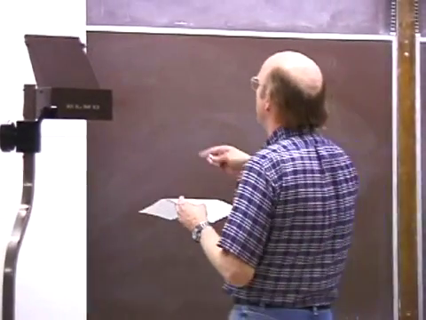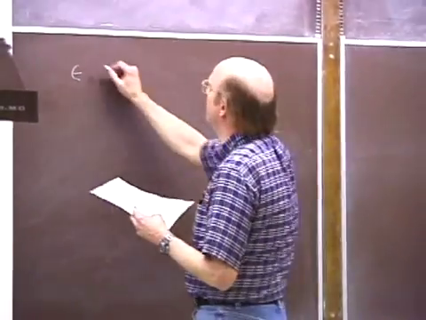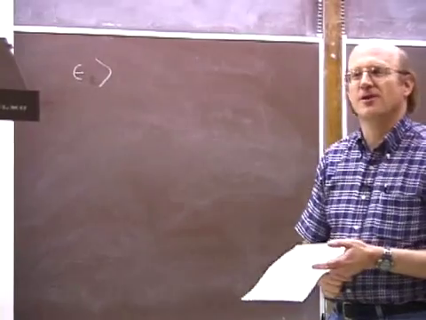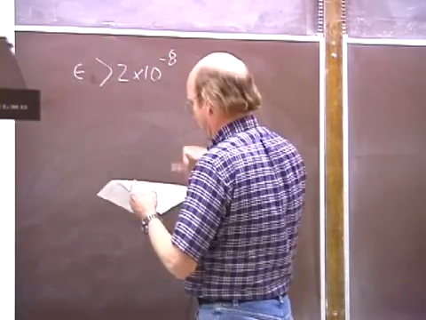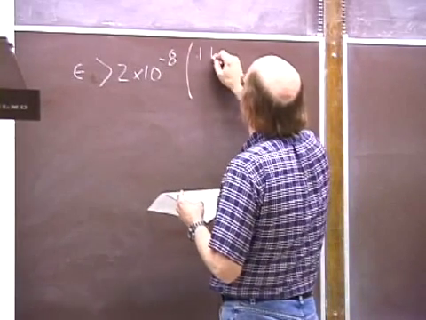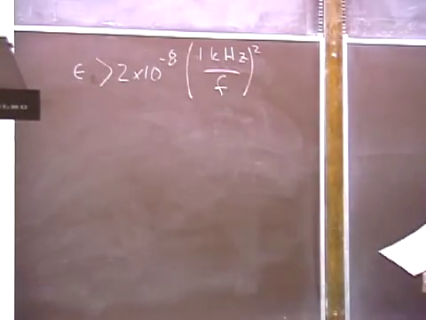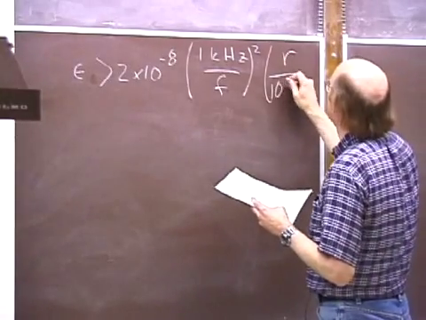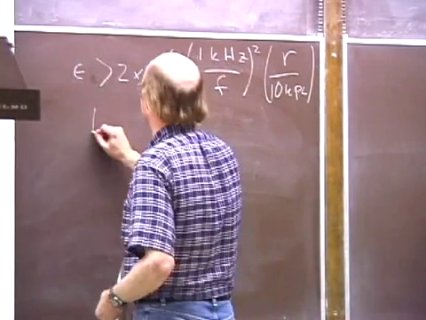Then they claim that you can measure gravitational waves from such a source if this epsilon, this measure of the non-axisymmetry or non-sphericalness of the object, is greater than 2 times 10 to the minus 8 for a source whose frequency is 1 kilohertz, and it scales like 1 over f squared, which is located at 10 kiloparsecs away, and it scales like that. Okay, so this is for known frequencies.